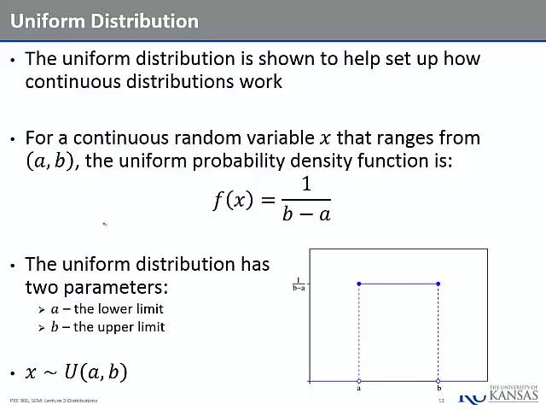It's a probability, so the area under this has to be 1. What's the width of this? It's b minus a. So the height has to be 1 over b minus a. Multiply width times height to get the area, and you get 1.